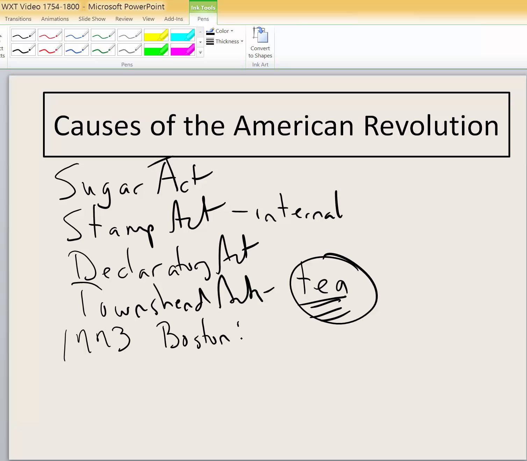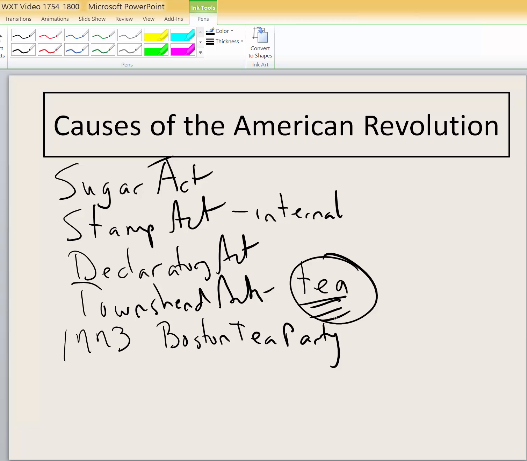And I'll try to explain this fairly well. The East India Company was suffering financially. So Parliament, in an attempt to boost the profits of this company, decided to give them certain tax exemptions, but also preferential treatment with the sale of tea to the colonies.